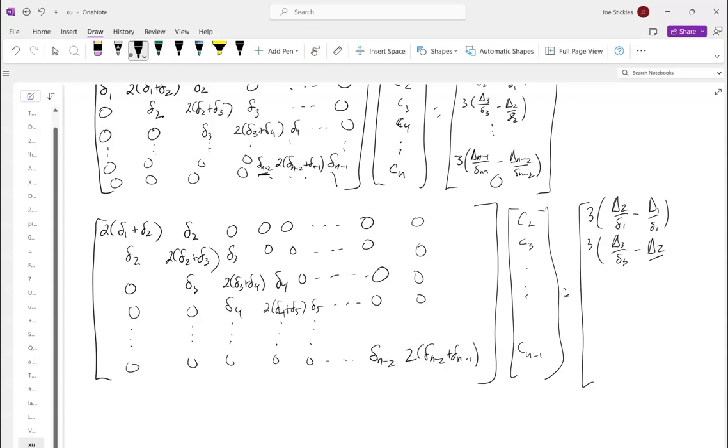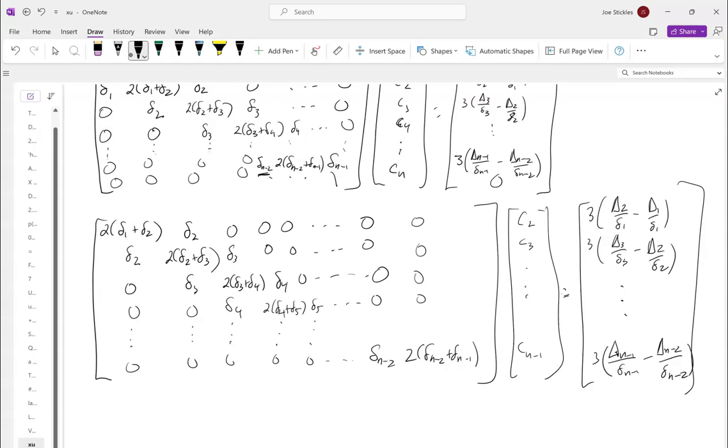Same thing for the next one. That was weird. To there. All right. So this is the system that we need to solve, which looks kind of gross, but it's not too bad.